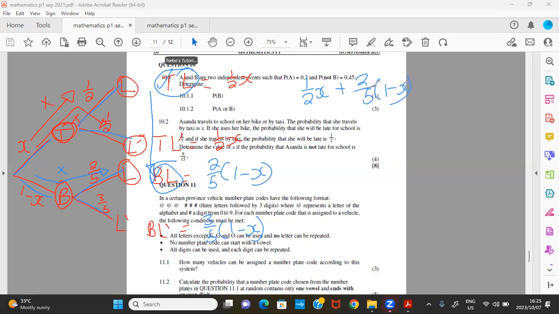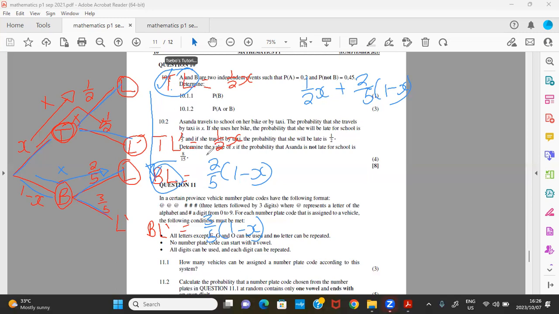Right? So even though that's not possible, because you cannot use a taxi and be late and use a bike and be late at the same time. So you must use either one. You can either use a bike or you can use a taxi.